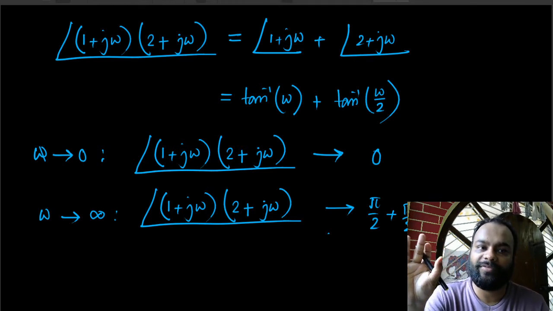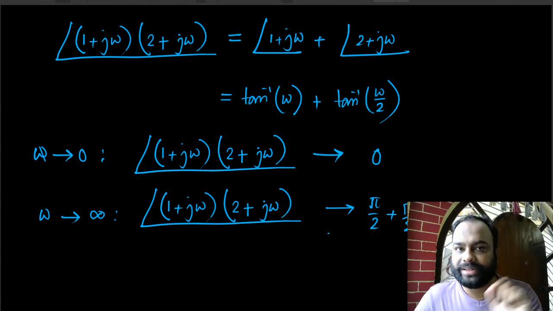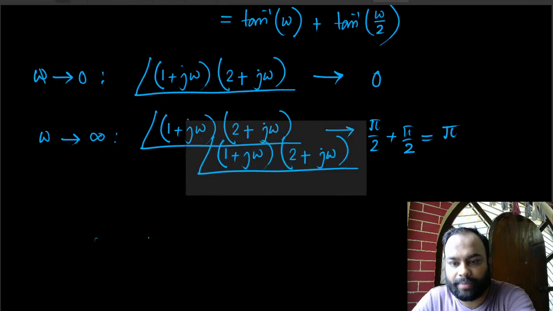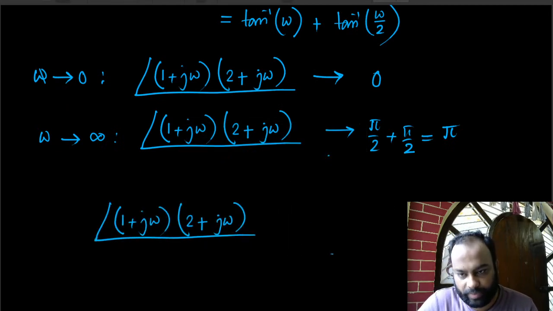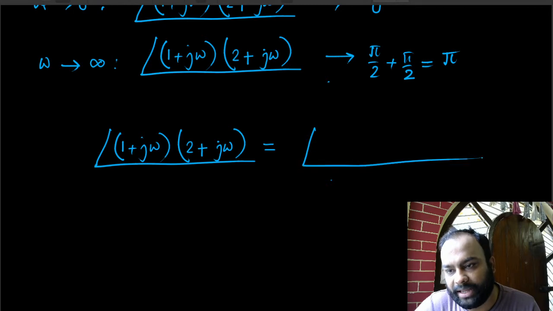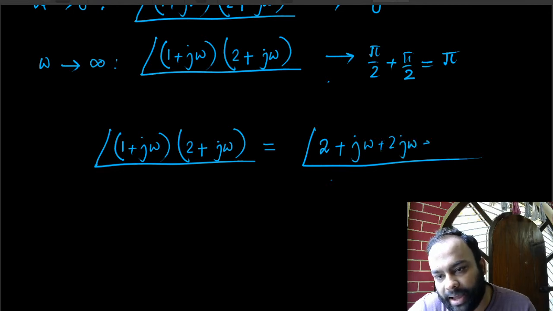So we calculated the phase angle of this entire thing, for low frequencies and high frequencies. Now, we have been calculating the phase angle of this, but I could have also multiplied these two complex numbers. I could happily multiply them and say 2 plus j omega plus 2j omega plus j square omega square.